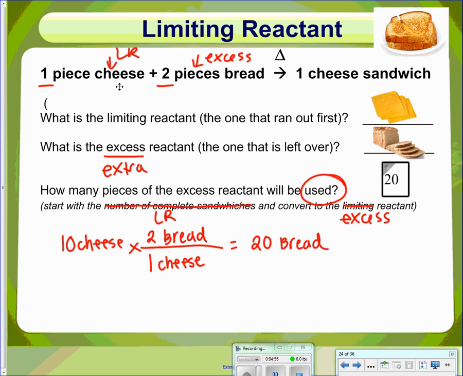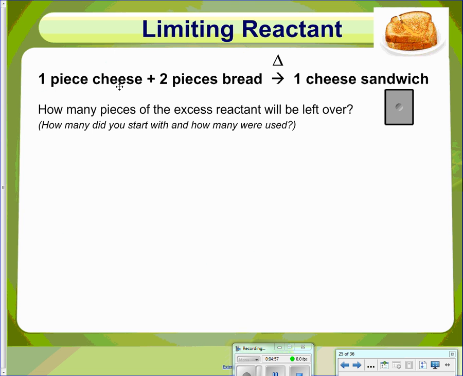Now the next part of the question is going to be how many pieces of the excess will be left over. Now this one's nice. All you have to do is subtract, which makes us happy. We can all subtract. So how many pieces did I have originally of bread? If you look back, we started with 50 pieces of bread originally.